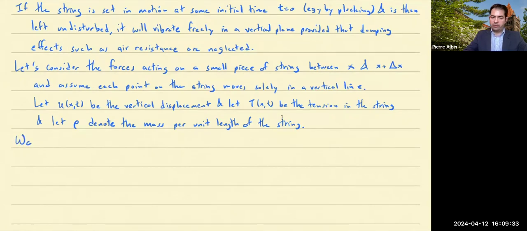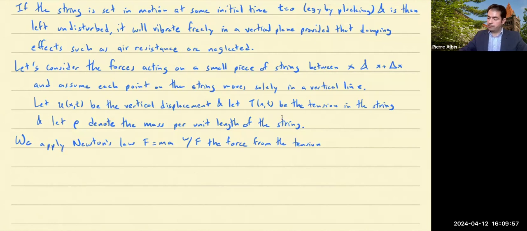Okay, so to analyze what's happening, we will apply Newton's law. Right? Newton's law saying that F is equal to ma, with F the force from the tension, which applies tangentially.